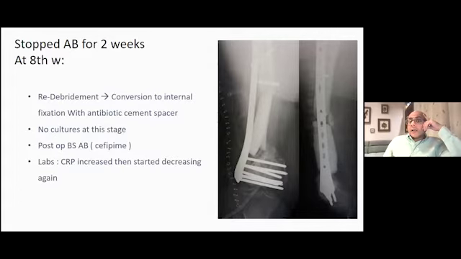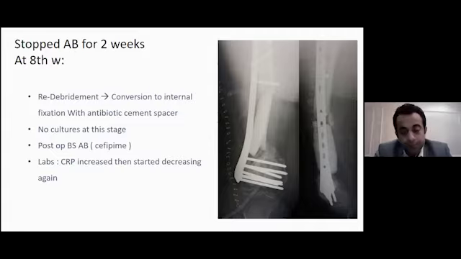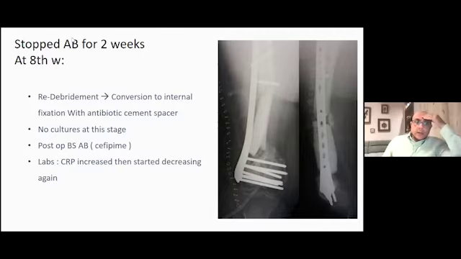And at this stage, you said that you had no cultures. What do you think, Andre, would you agree with not having cultures at this stage? Do we have enough evidence to guarantee infection eradication that we don't take cultures at this stage?